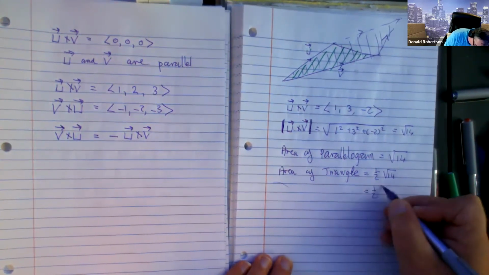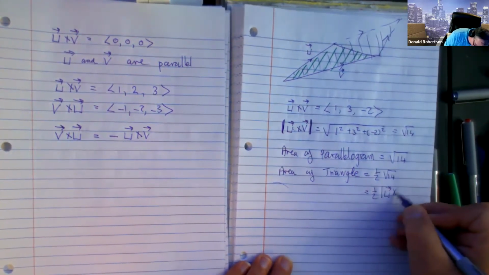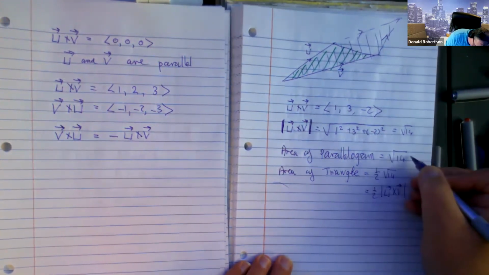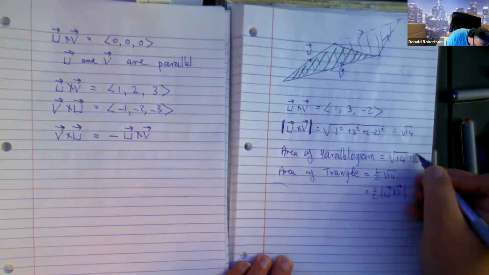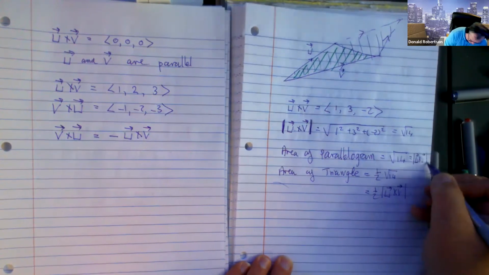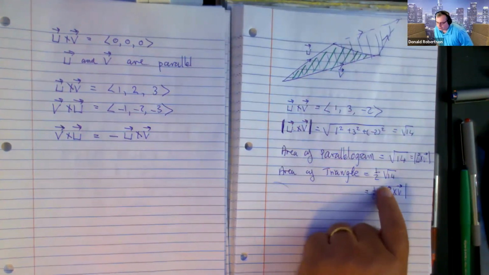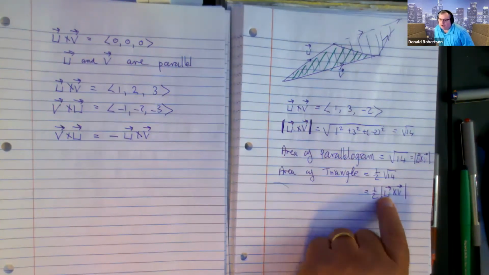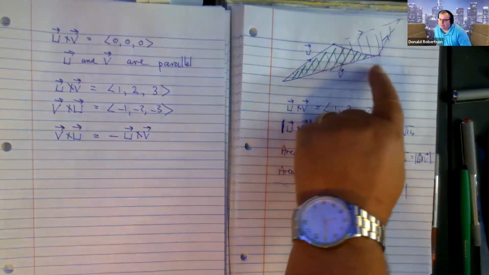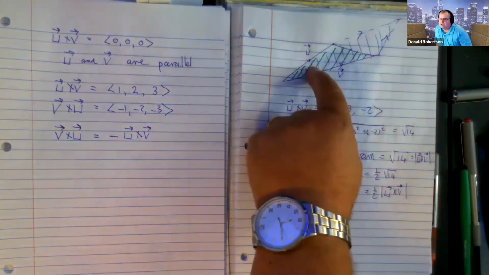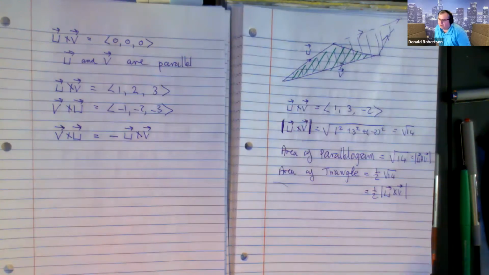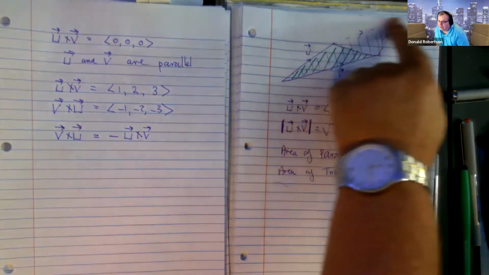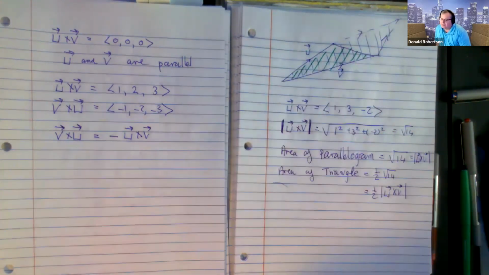It's 1/2 the magnitude of the cross product, and the parallelogram's area is the magnitude of the cross product. That one's not so difficult to understand. Would you agree that a parallelogram, if you split it, makes two triangles of equal area? So wouldn't the area of one of the triangles be half the area of the whole parallelogram?